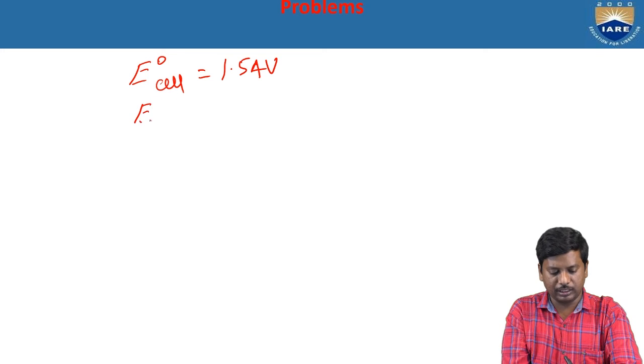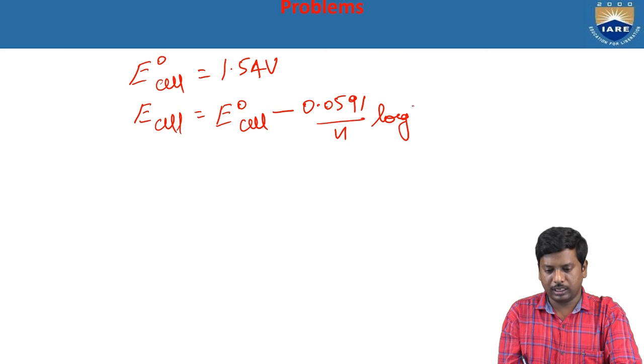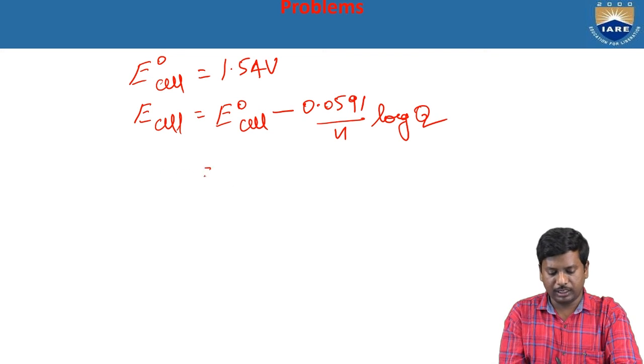That means E cell is equal to E naught cell minus 0.0591 by N log of concentration of products by concentration of reactants, that is the reaction quotient.